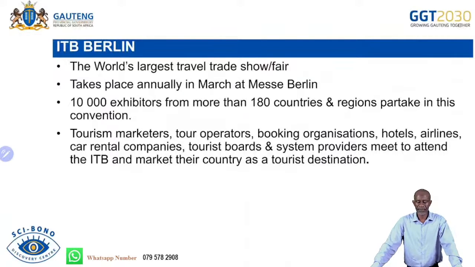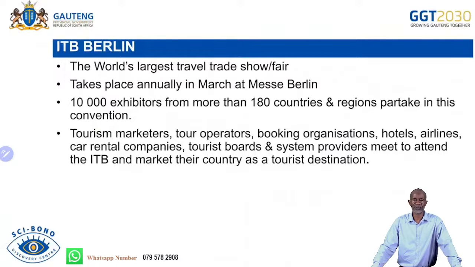Tourism marketers, tour operators, booking organizations, the hotels, the airlines, the car rentals, tourist boards, and system providers meet to attend the ITB and market their country as a tourist destination.